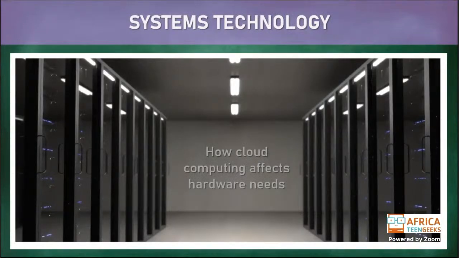How cloud computing affects hardware. We need to look at it in terms of the infrastructure presented before you on the slide. This is a complex, a data center with a number of servers, and the hardware that is there, if you think of it in terms of costs, is very, very expensive.